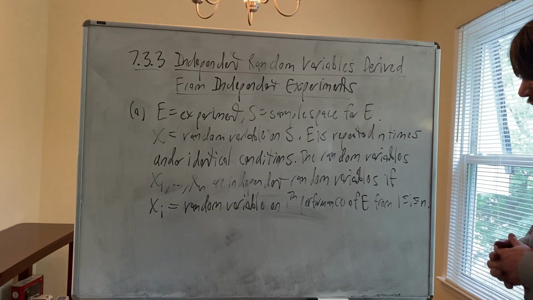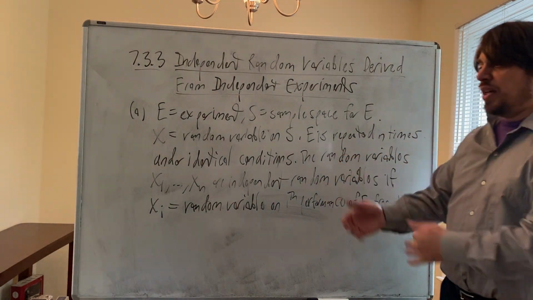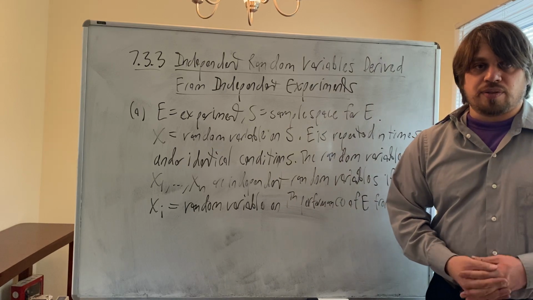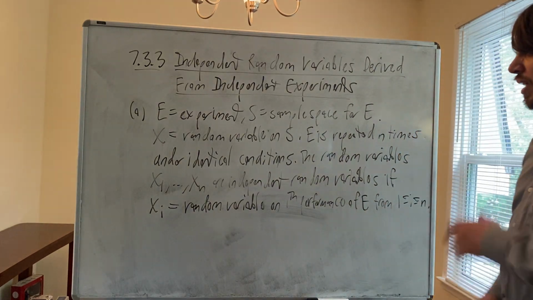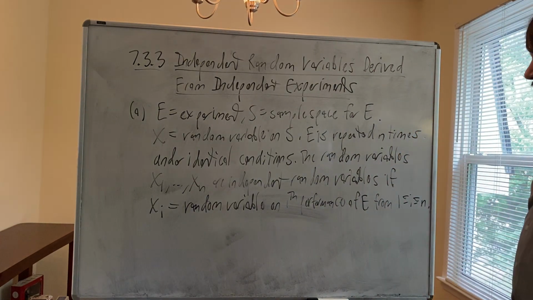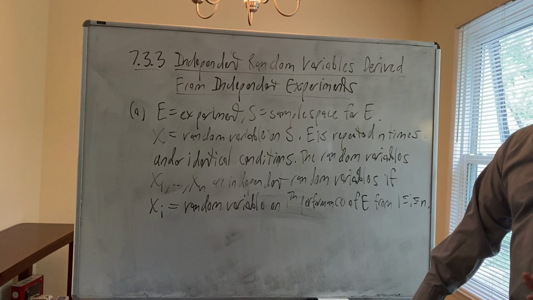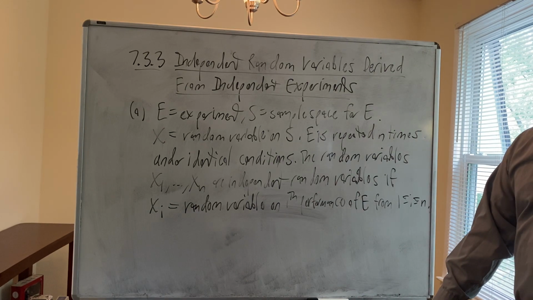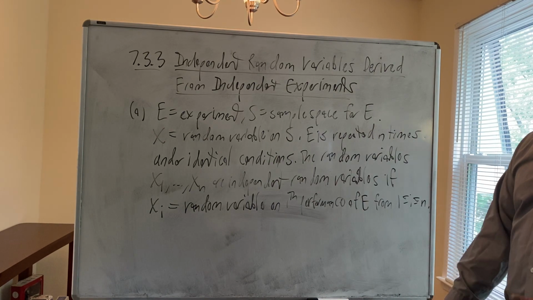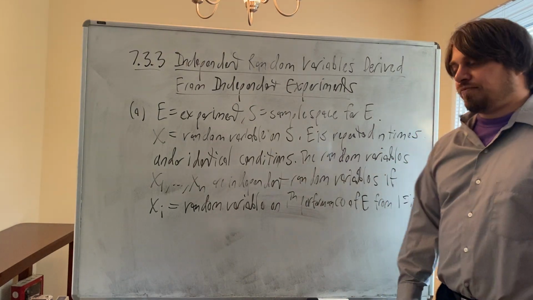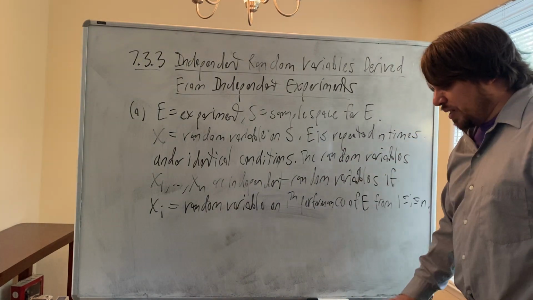It tells you the relationship between those n random variables. Now, if they're independent, there's a relationship you can use, right? That equation. Okay, so that's A. That's one way that you can get independent random variables from independent experiments, by just repeating the same exact experiment under identical conditions n times and assigning a separate random variable for each time you conduct the same experiment. Okay, so that's A.